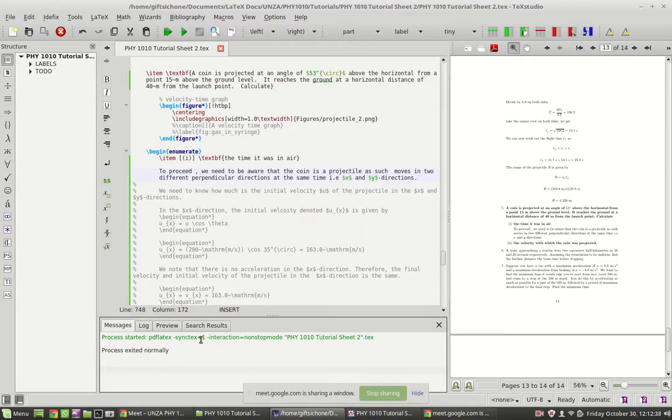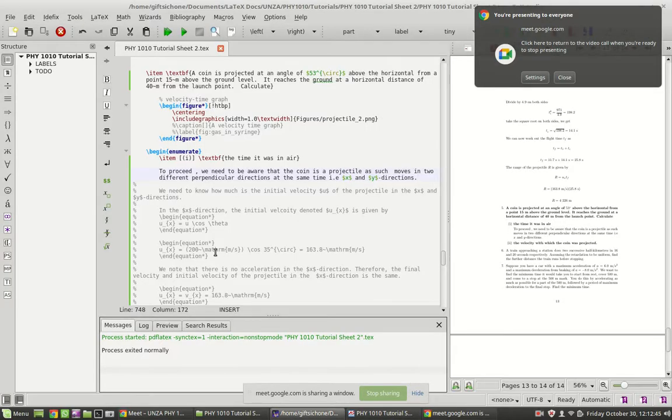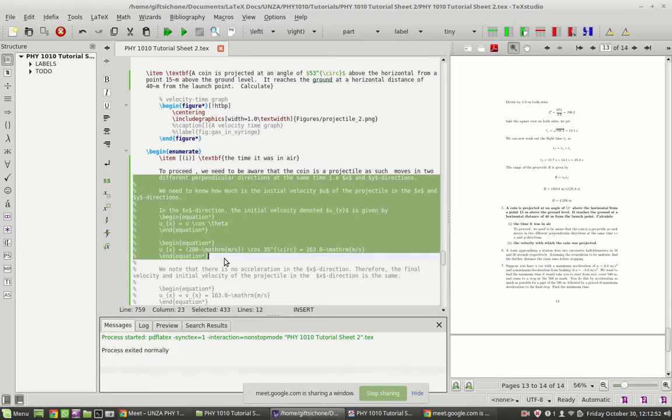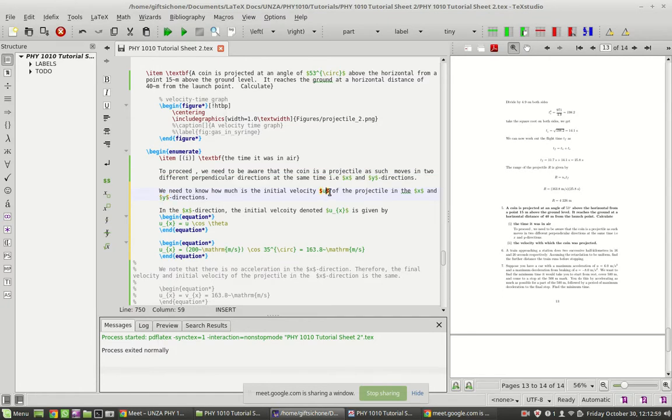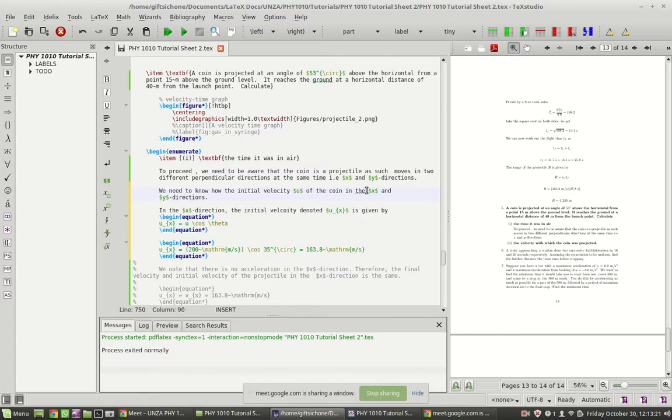Next, we need to know how much the initial velocities are in the x and y directions.